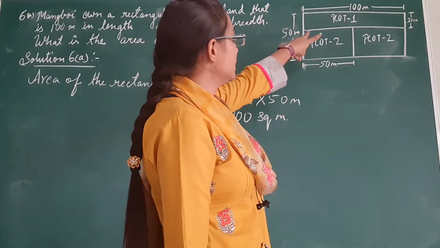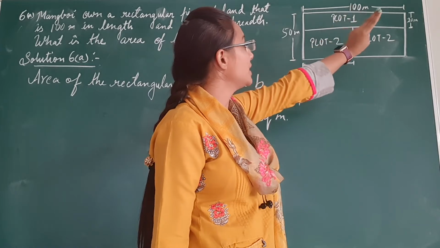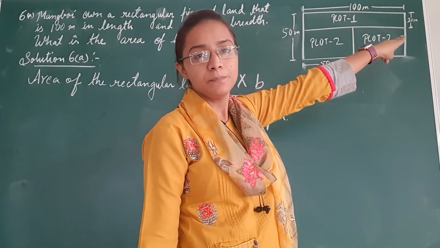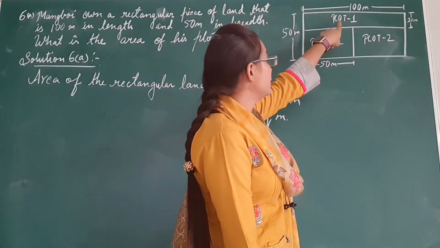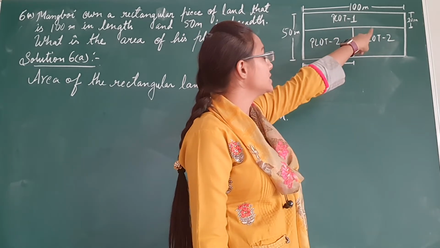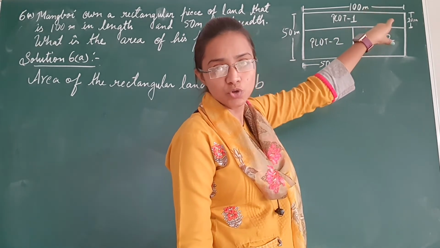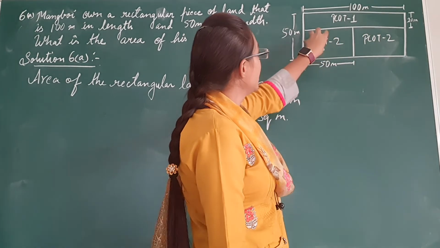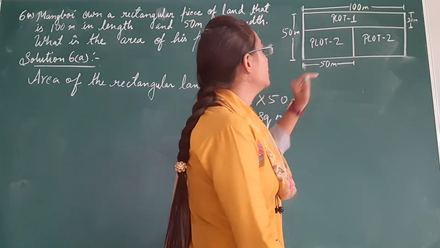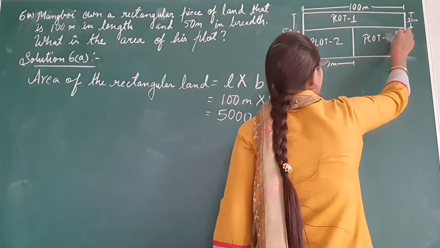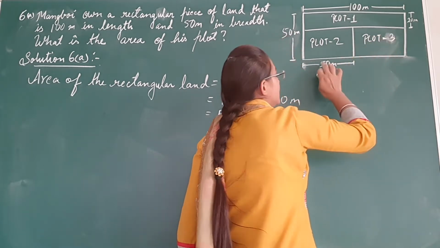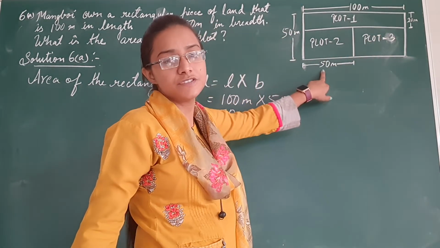Here you can see one plot whose breadth he needs to be 20 meter. In the first plot their breadth should be 20 meter, and on plot 2 the length of the plot will be 50 meter.